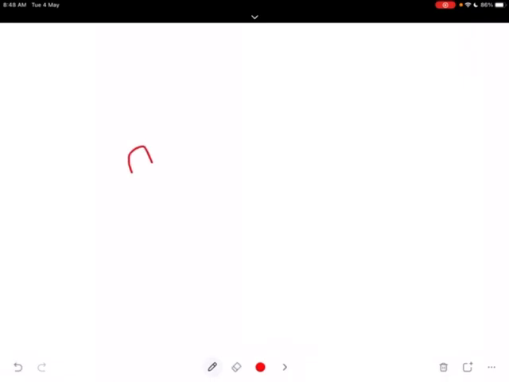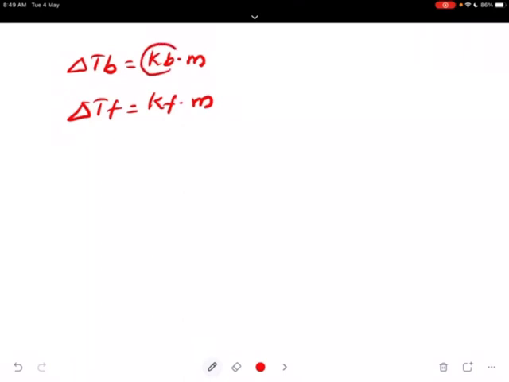Before osmotic pressure, let's go back to the equation delta TB is equal to KB dot m, and one more, delta TF is equal to KF dot m. Now define Kb or Kf.